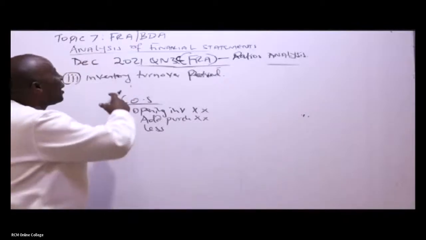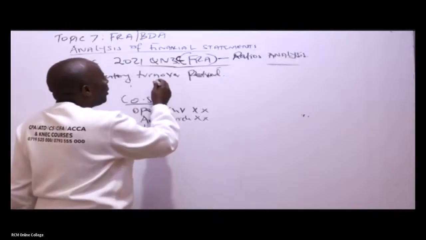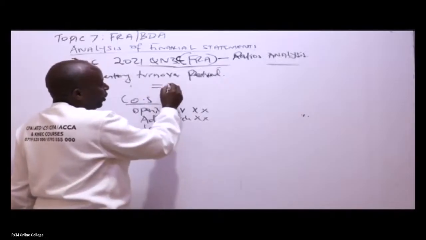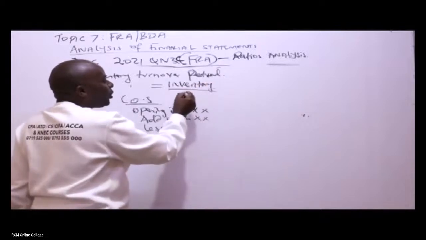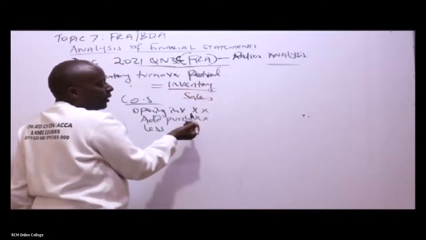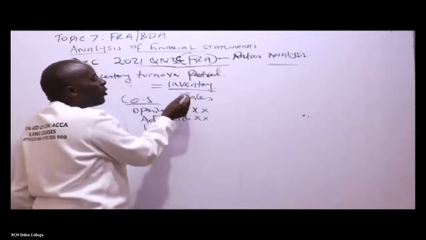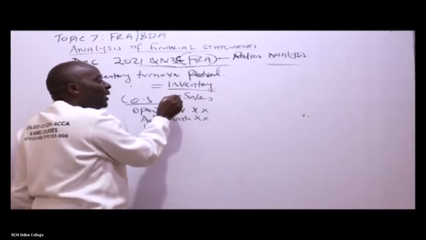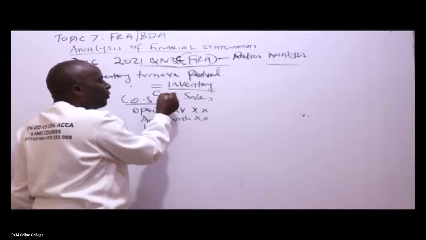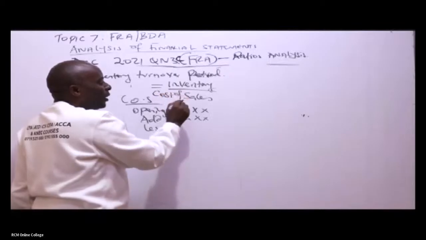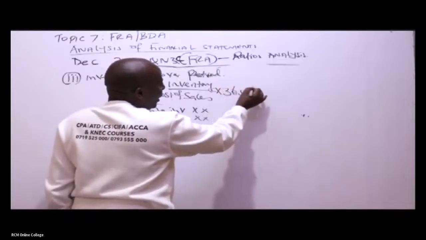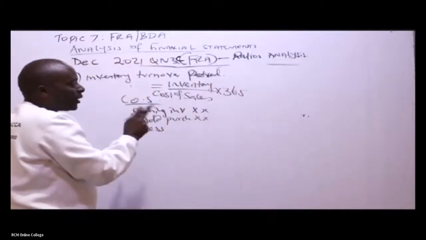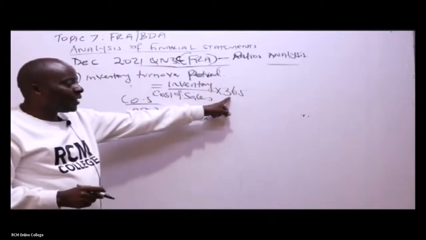So whenever we have this kind of an arrangement, I will write the formula. I will take inventory, but it's supposed to be inventory over sales because turnover is sales. But inventory cannot be in sales. So I know inventory will be under cost of sales. So inventory over cost of sales times 365, because they have told us period, and you must be careful of the number of days in the year.